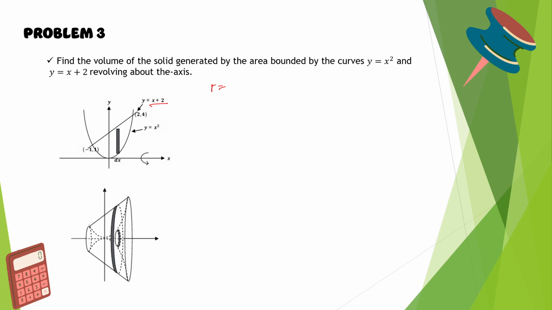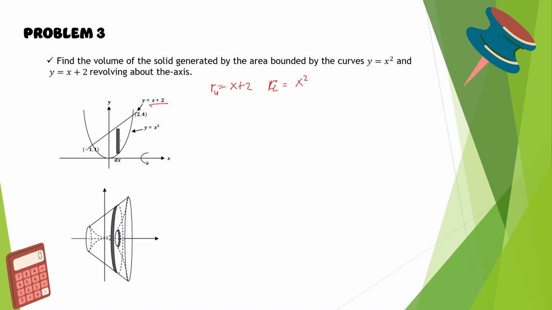Our r is the upper minus the lower. The upper radius is equal to x plus 2, and the lower radius is equal to x squared.